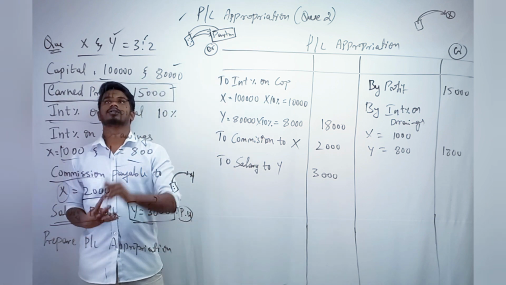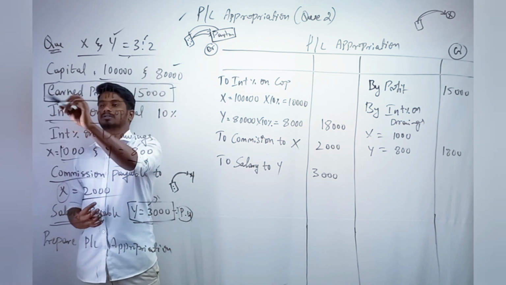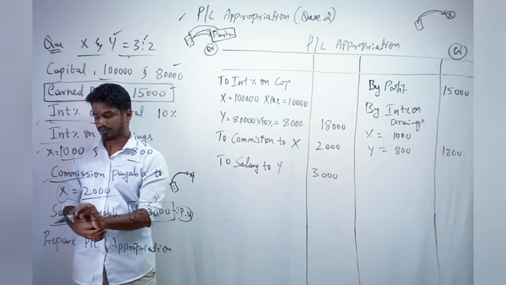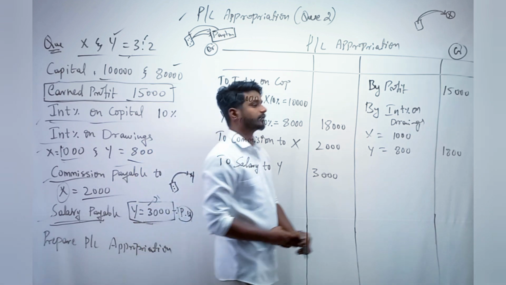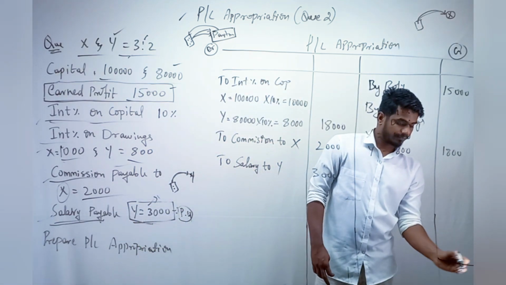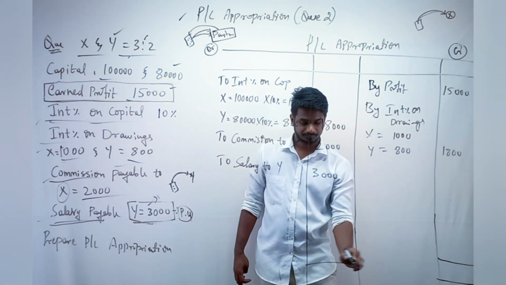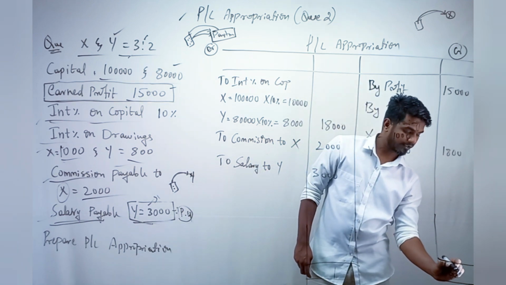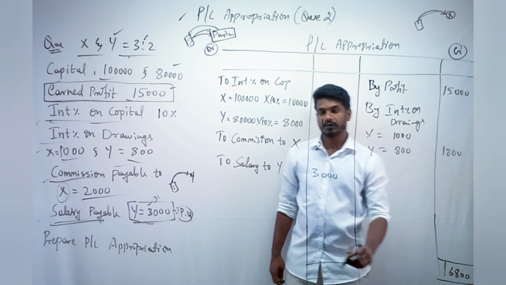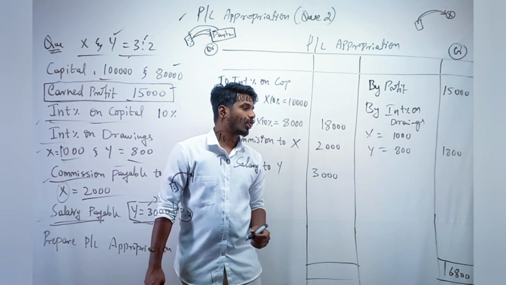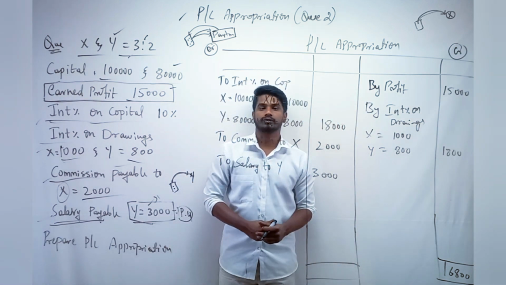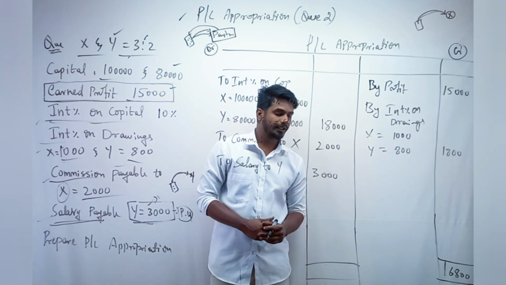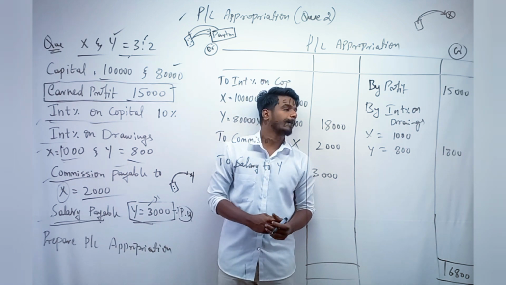Next, there's nothing more. Capital is done, profit is done, interest on capital, commission, interest on drawings, salary. That's it. Finish. So totally, 16,800 on this side, and on the other side 18,000, 2,000 and 3,000, 23,000.